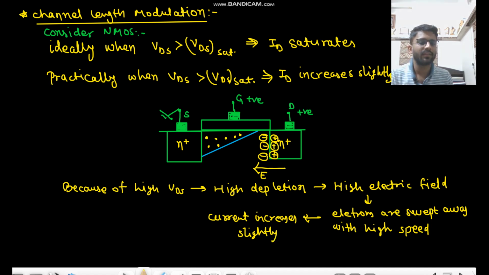So here that electric field phenomenon becomes a bit dominating. The electric field becomes so strong that they sweep away the electrons with very high speed, and the current increases slightly.